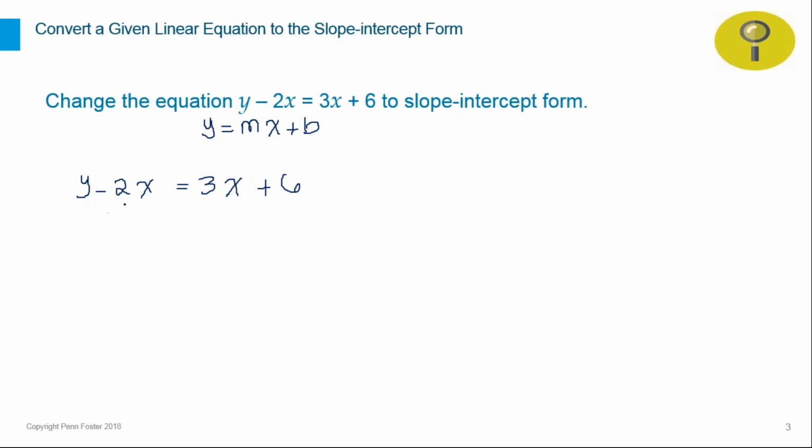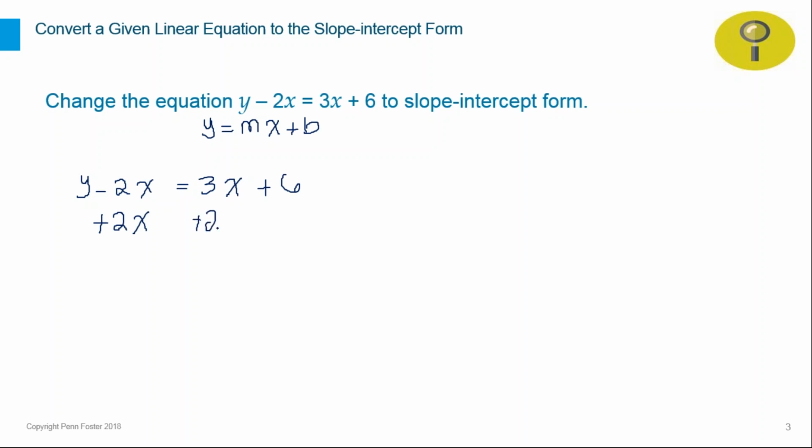We are able to do that by doing the opposite operation to this term. This term is minus 2x, so we add plus 2x, and we need to do that to both sides of the equation to keep it balanced.